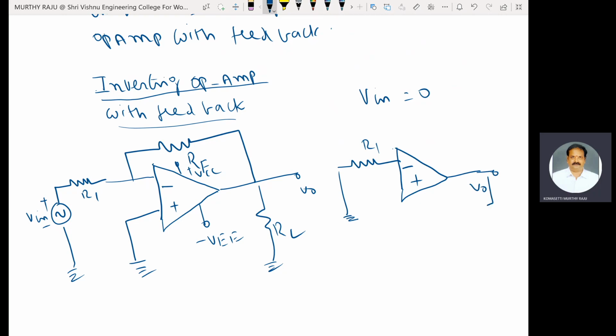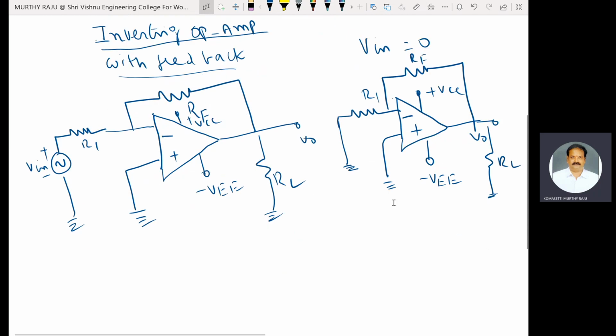This one is V0, RL, plus VCC, minus VEE. The non-inverting terminal is also connected to ground. Some feedback resistance is RF. Even when both input voltages are equal to 0, some output is produced, that is called output offset voltage.